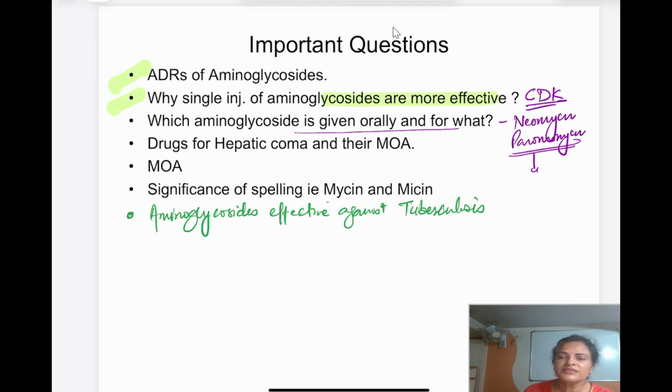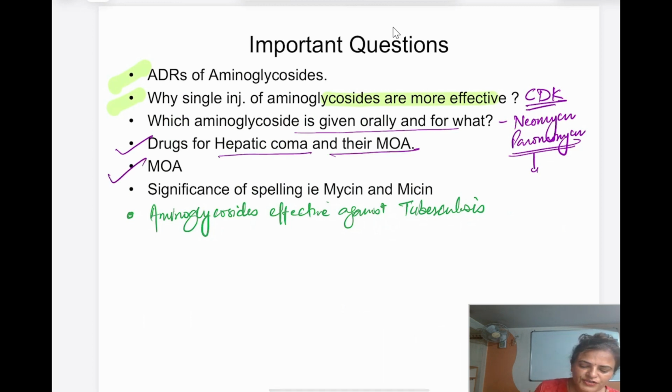Paromomycin is also effective against Entamoeba histolytica, Giardia and Leishmania. So we can use paromomycin in hepatic encephalopathy and for visceral leishmaniasis. Then the drugs for hepatic coma and encephalopathy, and their mechanism of action.